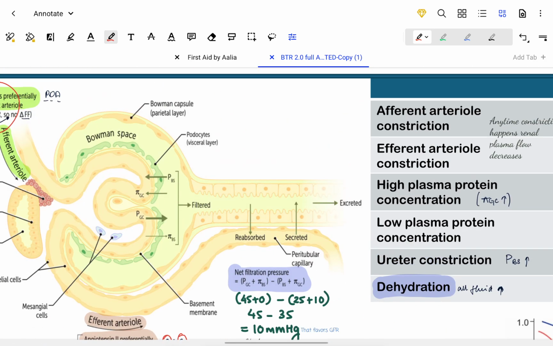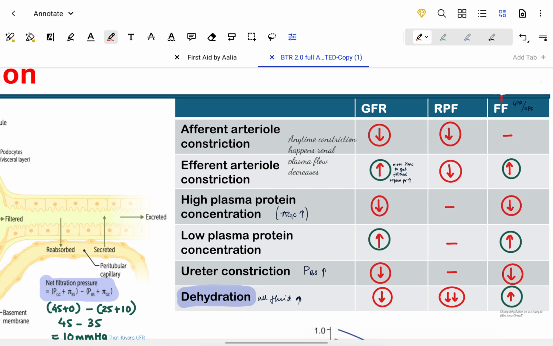Now, scenarios. Now you have afferent arteriole constriction. Anytime constriction happens in any of the blood vessels, I'm not talking about the ureter, I'm talking about the blood vessels, arterioles, renal plasma flow decreases.